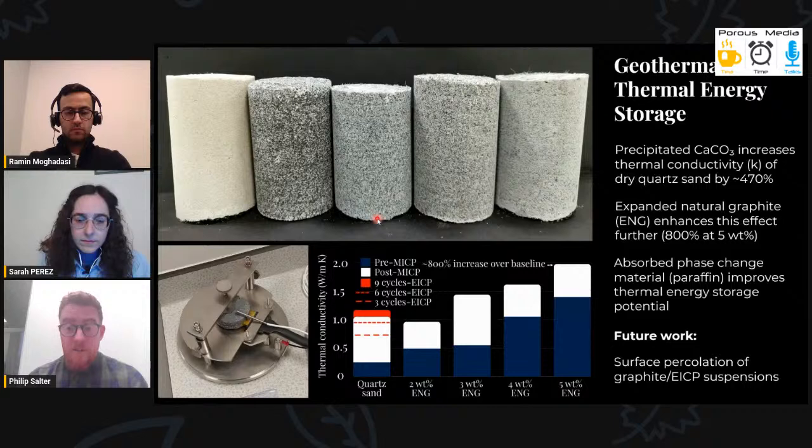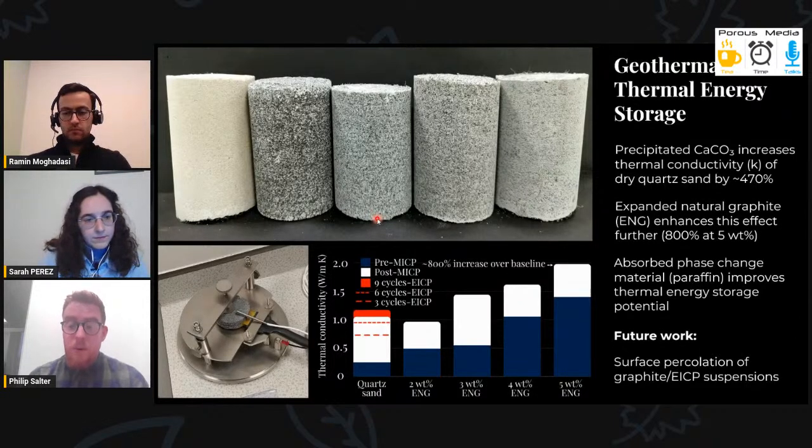The addition of conductive additives, the one we've found most beneficial is expanded natural graphite, can enhance this effect even further, by up to 800% increase in thermal conductivity at 5 weight%. We can also absorb phase change materials such as paraffin into the expanded graphite, increasing its thermal energy storage potential by increasing the latent heat across this phase change.